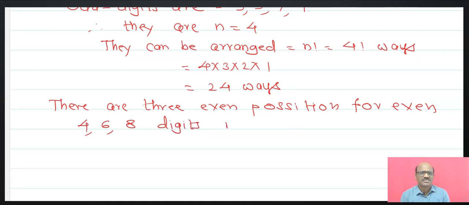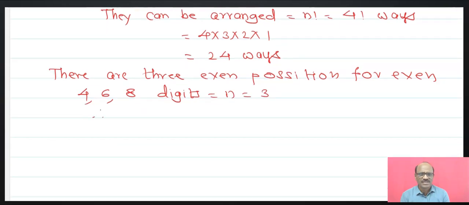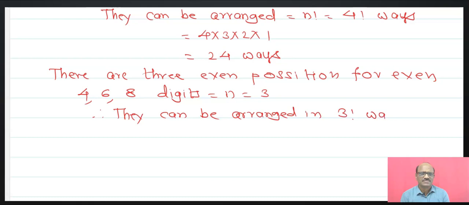Again, no repetition is there. Therefore, n is equal to 3, and they can be arranged in 3 factorial. Therefore, 3 into 2 into 1, that is equal to 6.